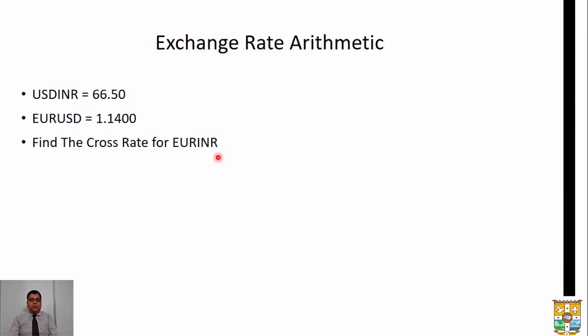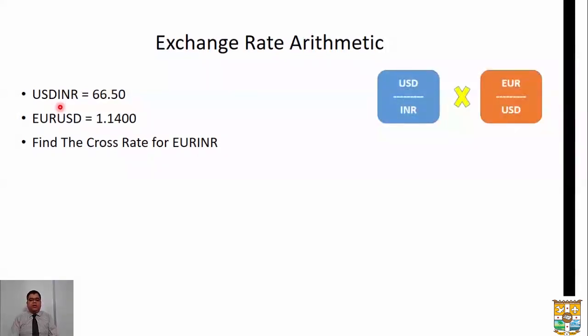In this case, what we will do is we will quote the currency pair as a numerator and denominator. For example, we will say that USD by INR is 66.50. Euro divided by USD is 1.1400. We will multiply the two rates.